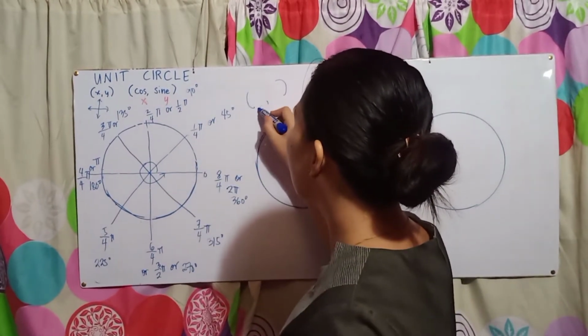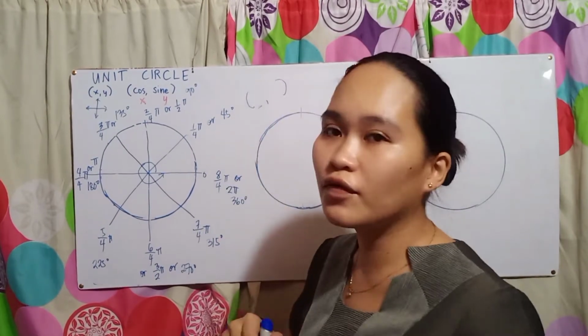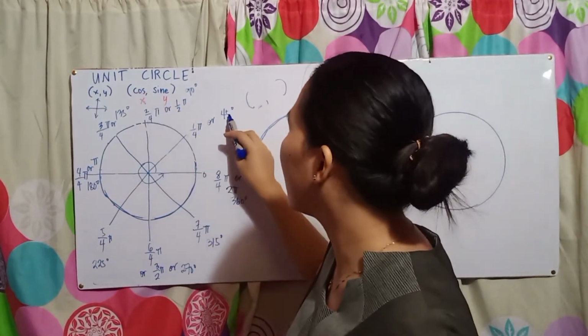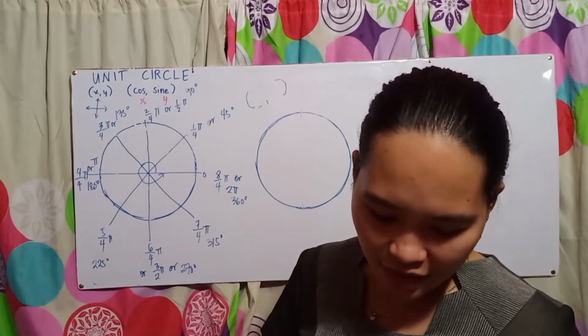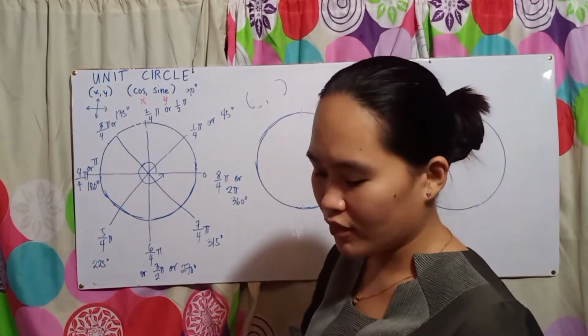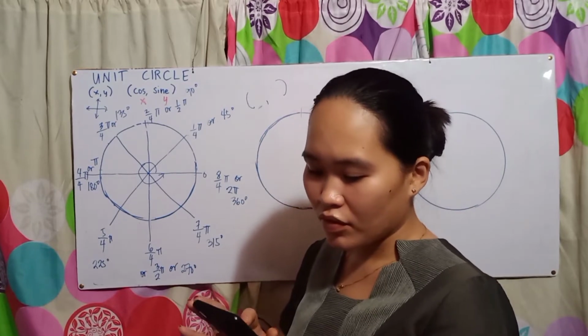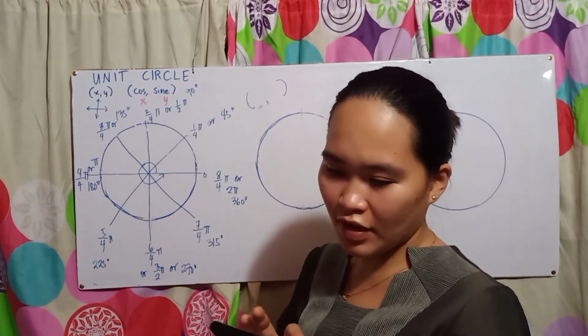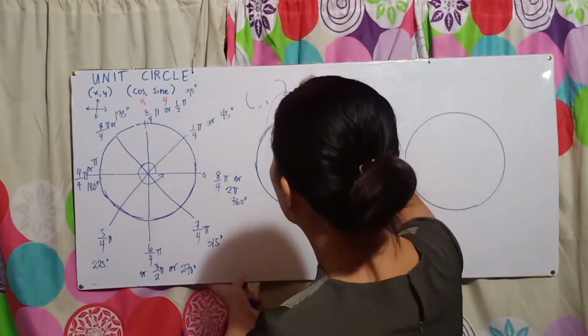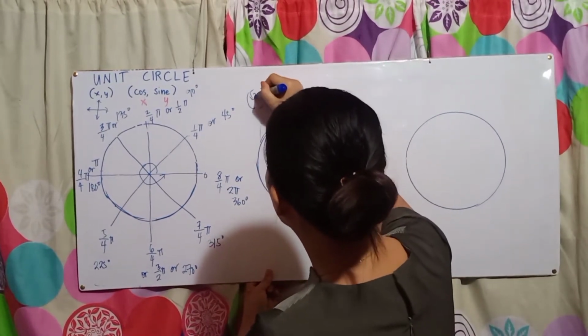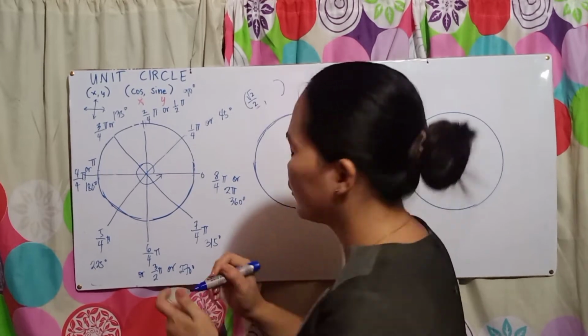So for the value of x, cos 45. The angle is 45 degrees, so cos 45 is square root of 2 over 2.